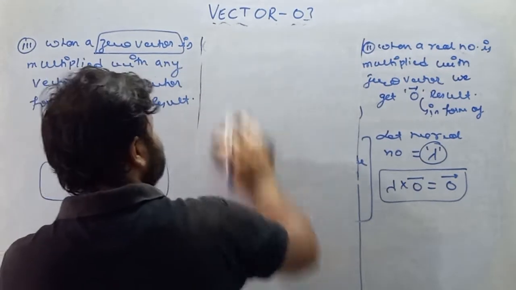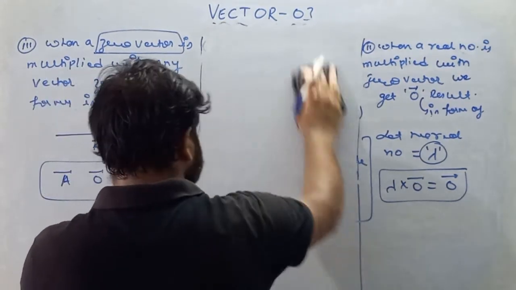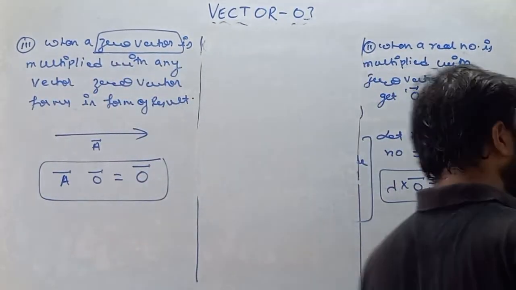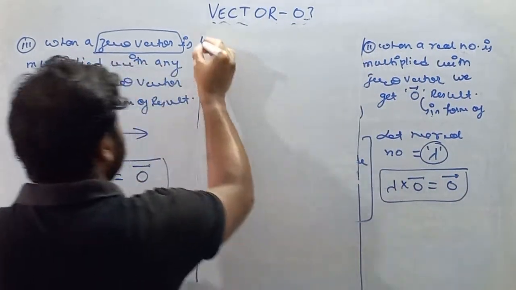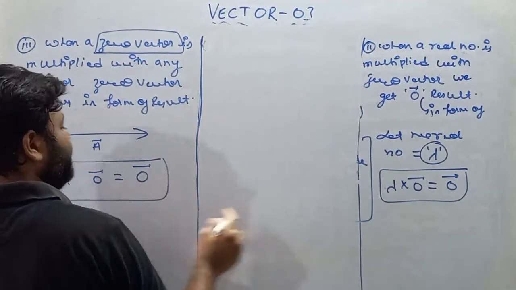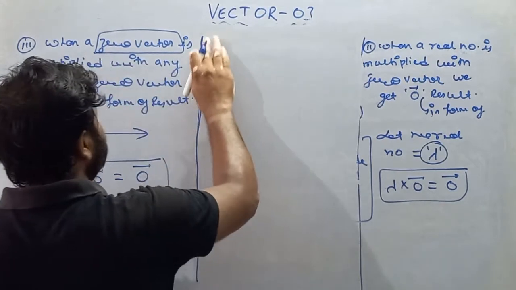So write down the next point, that is the fourth property of 0 vector. You have to learn these properties, my dear student, because this is not a derivation. This is only for understanding, and you have to learn this, then only you will apply.